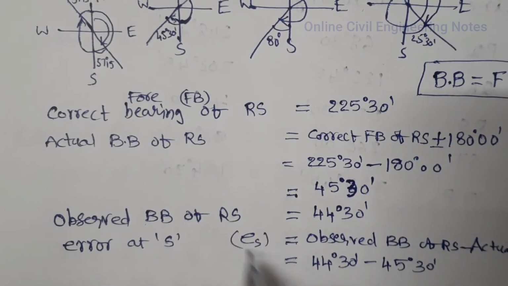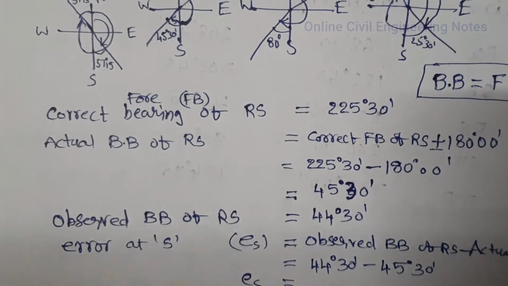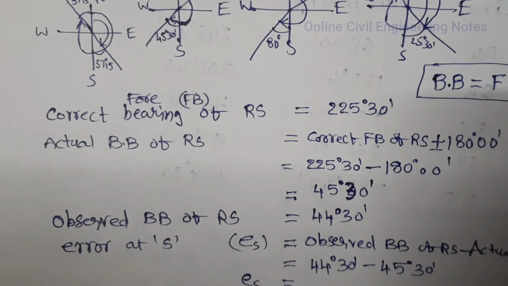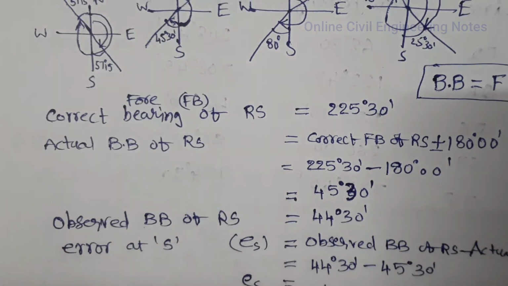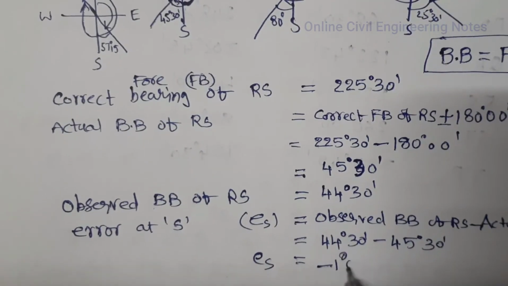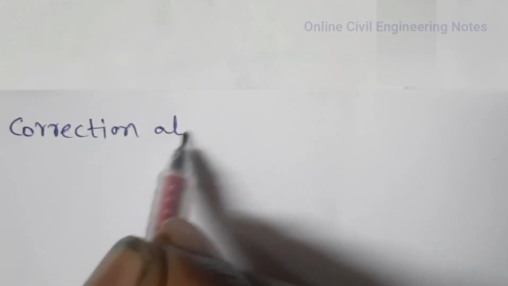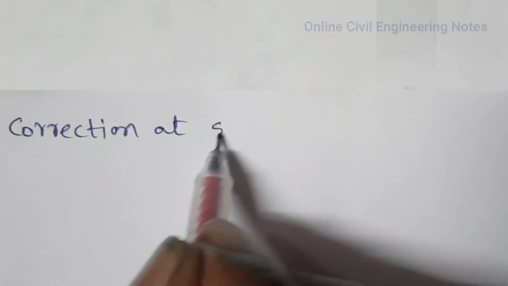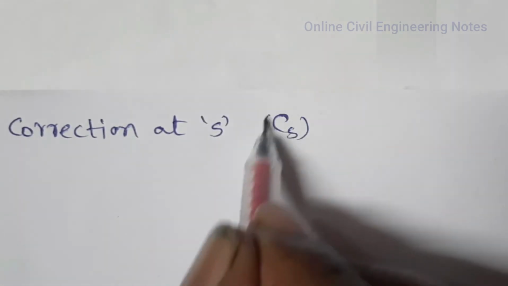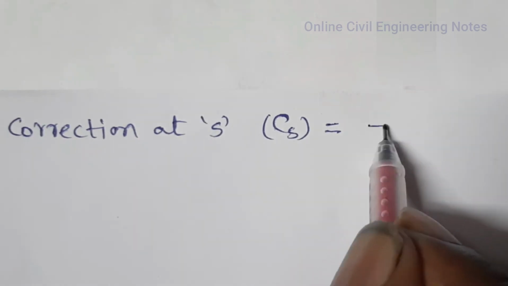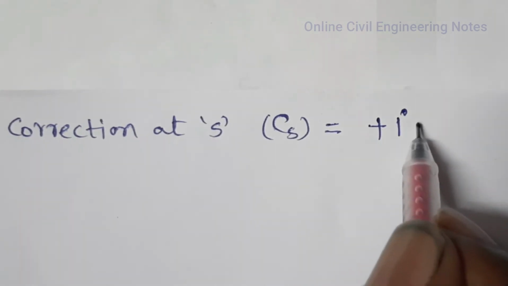Error at S, ES, is equal to minus 1 degree. Correction at S station is equal to plus 1 degree.